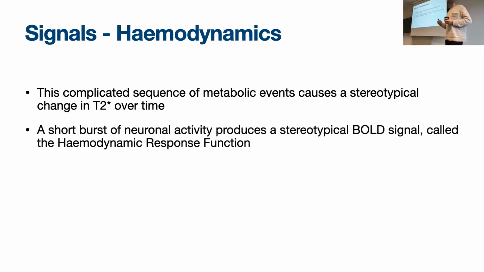And I already highlighted this, but I want to go a bit more in detail into the stereotypical shape of the BOLD signals that we measure, because that stereotypical shape is really what we're going to latch onto in our analysis. The fact that this response is, even though it's the result of a very complicated cascade of biological events, more or less stereotypical. And that's the thing that we're going to use.